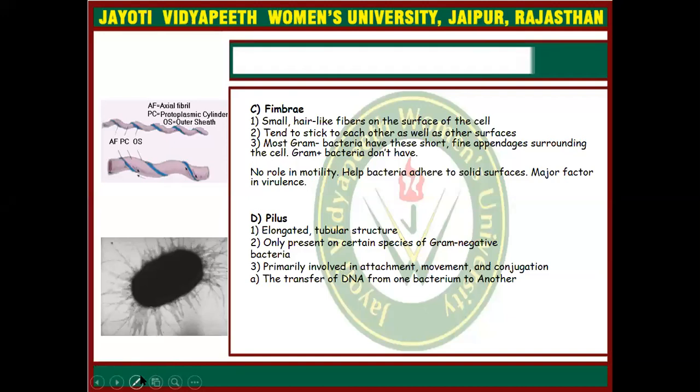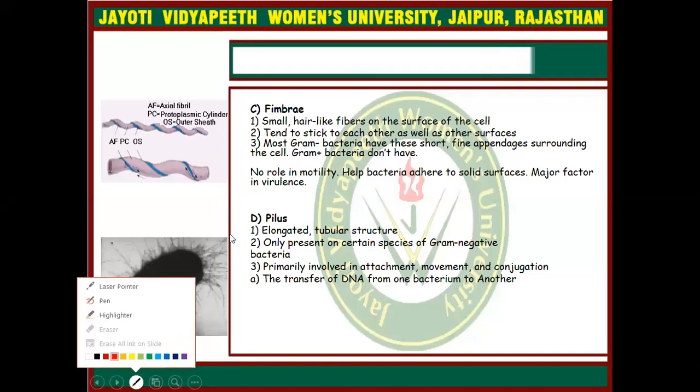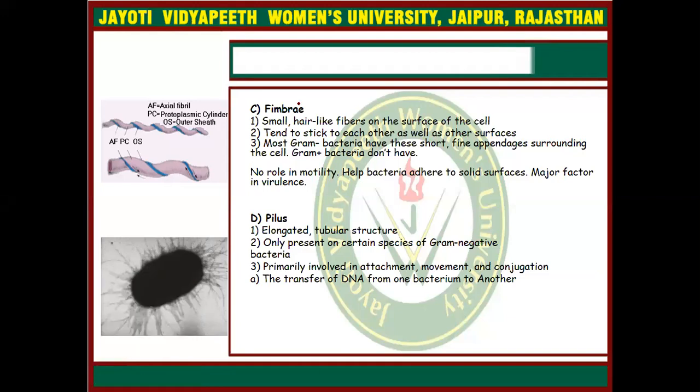Next is fimbriae. So, what are the fimbriae? Fimbriae are small hair-like fibers which are present on the cell wall. These fimbriae are present only in most gram-negative bacteria, but not in gram-positive bacteria.